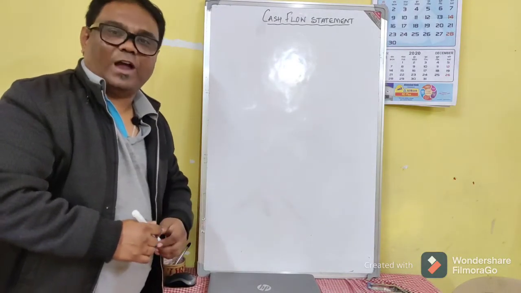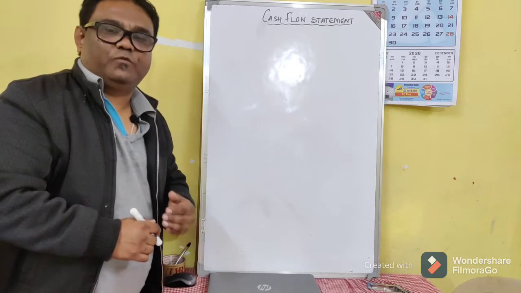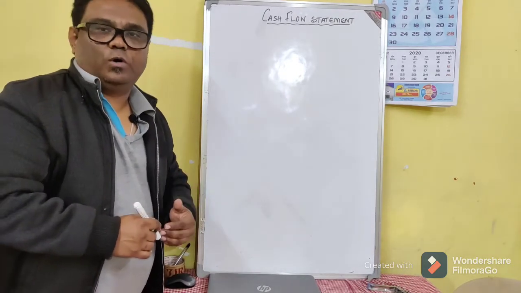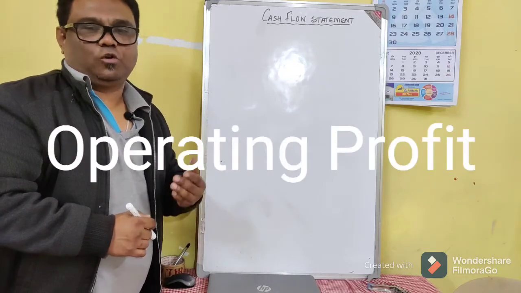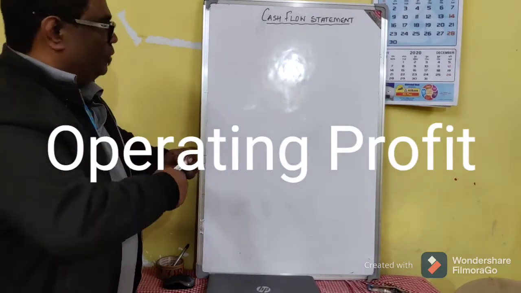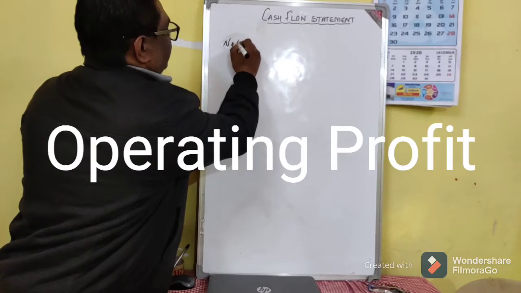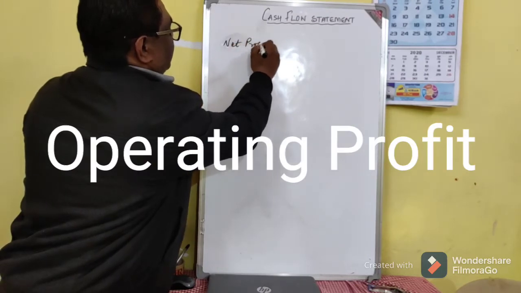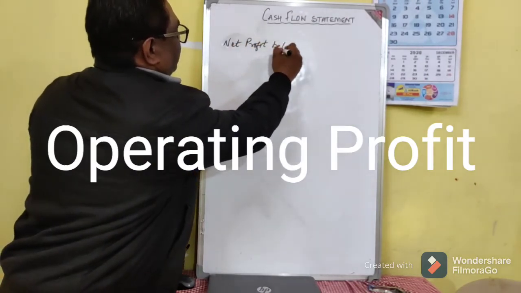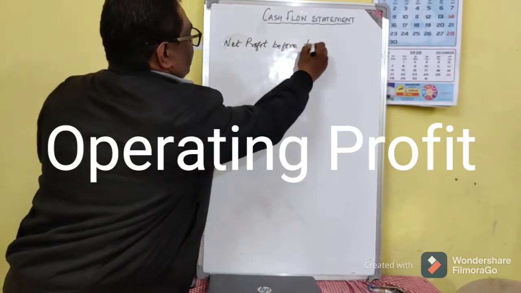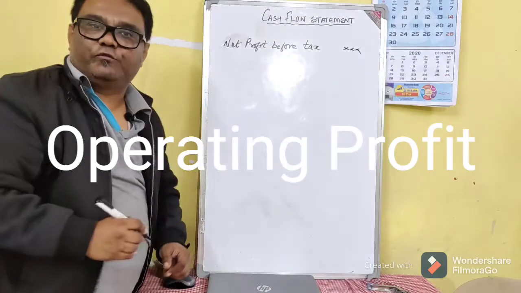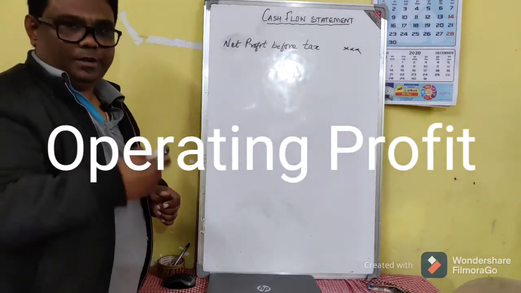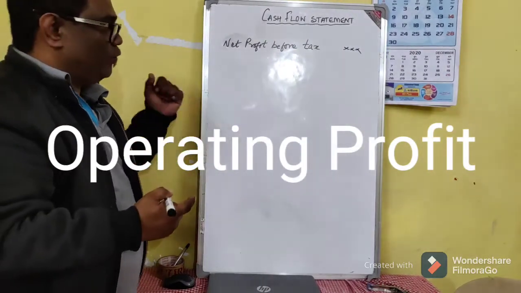After finding the net profit before tax, now we'll find out the operating profit. To find out operating profit, first of all, net profit before tax, which we have already ascertained before.